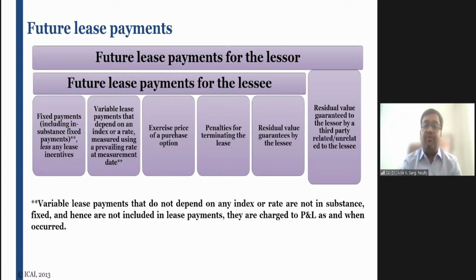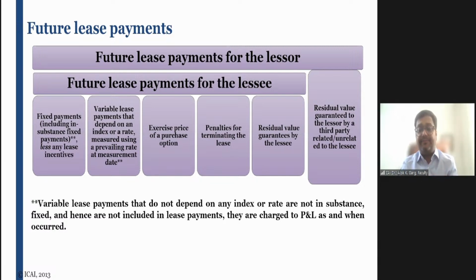And now we are going to discuss the concept of lease payments. So far we have discussed the concept of lease term. We started with the concept of identified asset, then the right to control the use. After that, we covered the concept of inception date and commencement date. We understood the accounting starts from the commencement date. Then we understood what is meant by lease term, and we discussed at length the non-cancelable period, rent-free period, optional renewal period, and optional termination period.